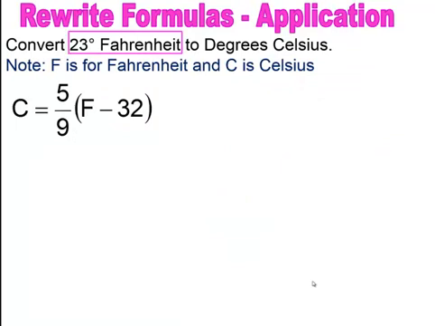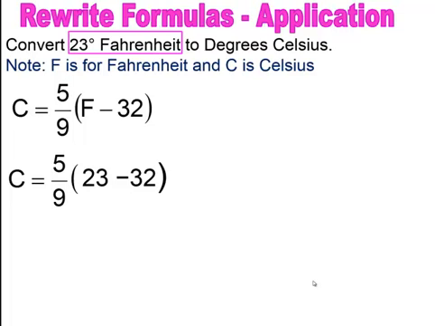So you're asked to convert 23 degrees Fahrenheit to Celsius, and they give you the formula for Celsius, which is 5/9 times parentheses Fahrenheit, or F, minus 32. So what that means is you're going to take 23 and substitute it into F. Now, you need to remember order of operations.